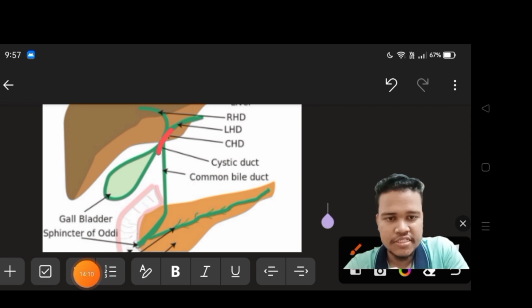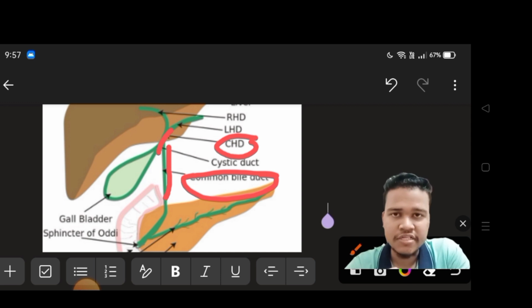So this cystic duct unites with the common hepatic duct to form a common bile duct. So if anyone asks you how the common bile duct is formed, you can say the common bile duct is formed by the union of the cystic duct and the common hepatic duct.